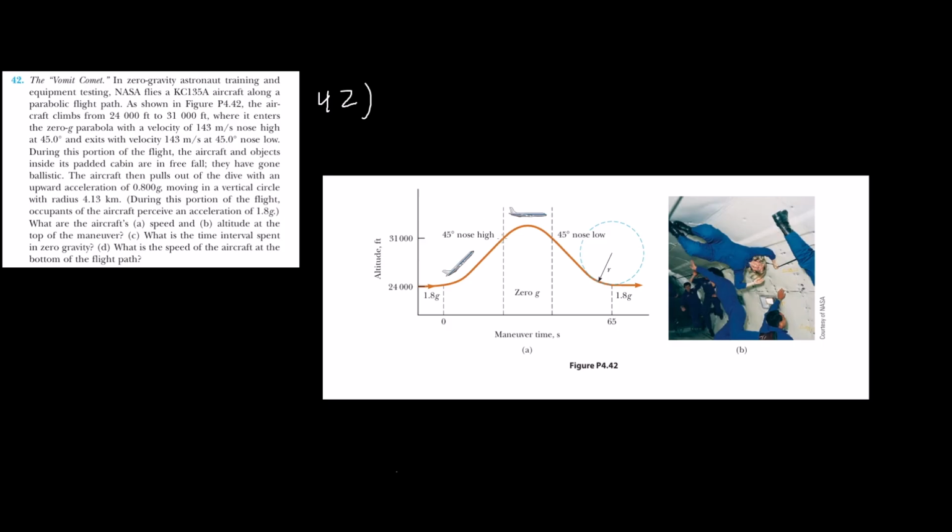So it's basically going to travel at that velocity. And I would imagine that it would stop accelerating at that point. So it's going to go up into a free fall mode, and then it's going to go down. And then once it goes down, maybe the aircraft would accelerate.